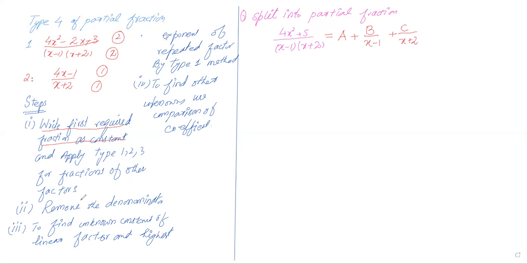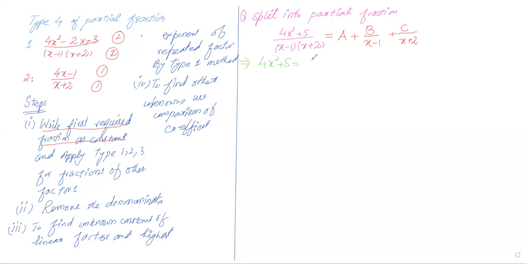The second step is to remove the denominators. As in the type 1, 2, 3 methods, you have to remove the denominator. So the denominator on the left-hand side, you have to multiply with each term on the right-hand side. So 4x squared + 5 will remain as it is on the left-hand side of the equation, whereas the denominator will move to the right-hand side and multiply with each of the fractions.